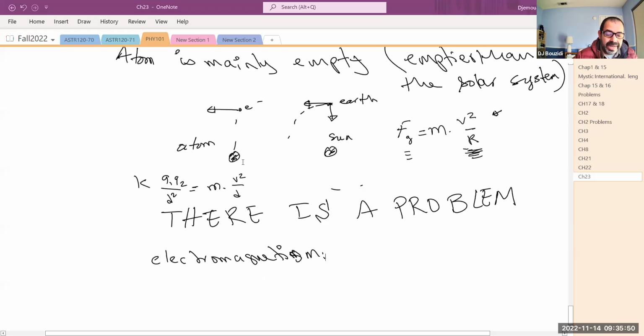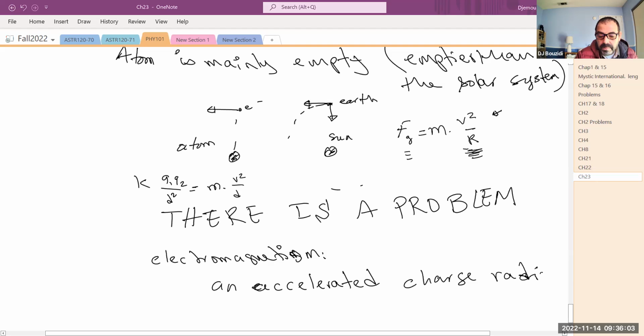An electron, an accelerated charge, radiates energy. Period. This is how antennas work, by the way.